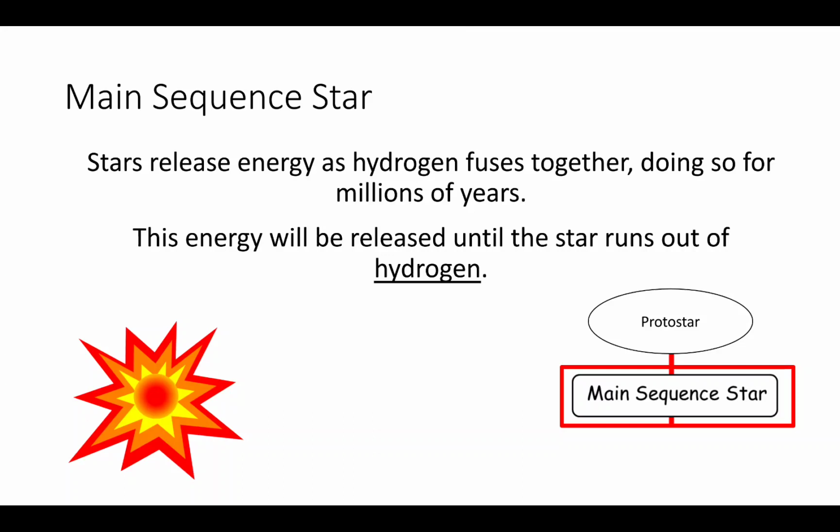And then what the star will do is start to fuse heavier elements together, such as helium, and then fuse into carbon, etc. And it'll go all the way up to iron. So elements up to iron will be fused in a star as it begins to run out of energy or run out of hydrogen. So protostar leads into a main sequence star. The main sequence star is where you've got the gravitational force pulling it in equal to the nuclear fusion that's pushing back out.